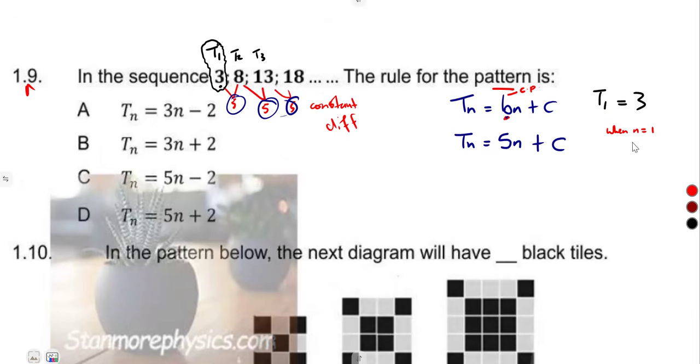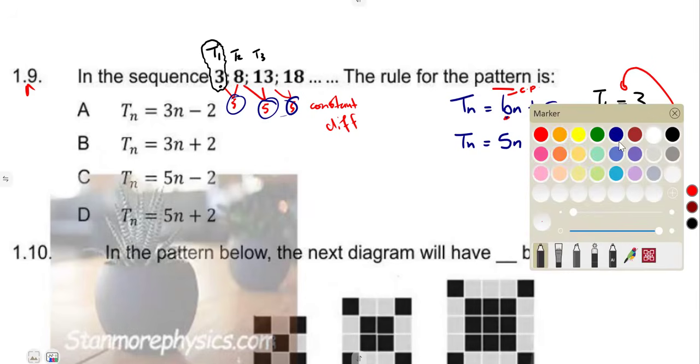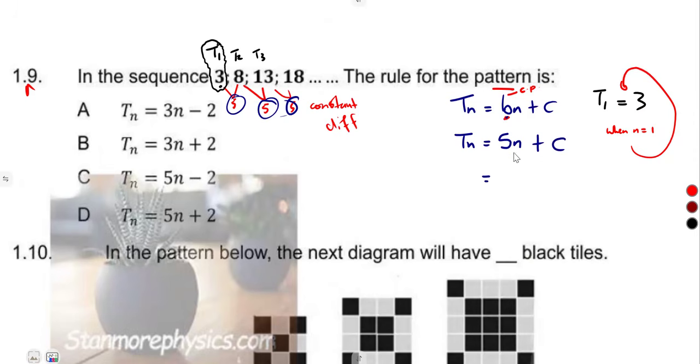When n is equal to 1, T1 will give us 3. So in place of n, where you see n here in 5n, that means your n is 1. So that's 5 times 1. T1 is 3.